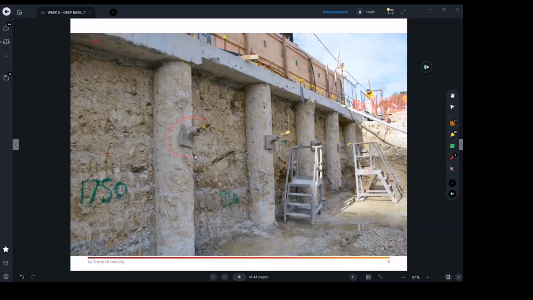Remember, this one is different, something different. What we did here, we put the anchors. So as I said, we use the anchors in case we can't go too deep. When I told you the embedment will be 2 times the basement level, when the basement is 3 meters, embedment is 6 meters, if the basement is 6 meters, right?